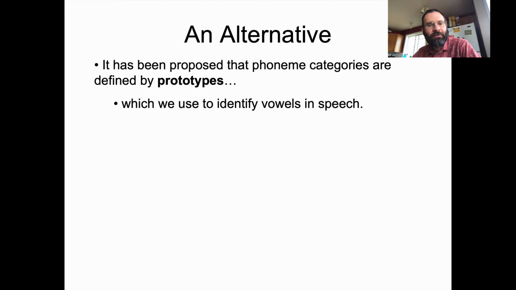It's a simplified model that says you're defining categories by individual prototypes, and using those prototypes to identify vowels in speech. It's easy to think of how that works because we normally have a sense of where the vowels line up in formant space, right? So we can pick out little capitals of each domain of vowel in that space and say, well, that's where the prototype is.